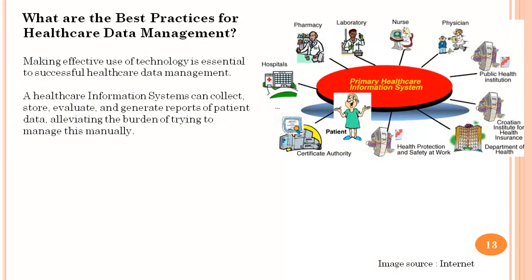Okay, this picture shows an integrated healthcare information system and how it works. An integrated healthcare information system integrates pharmacy, laboratory, nurse, physician, public health institution, hospitals, patients, health protection and safety work, etc. Okay, in a single database.